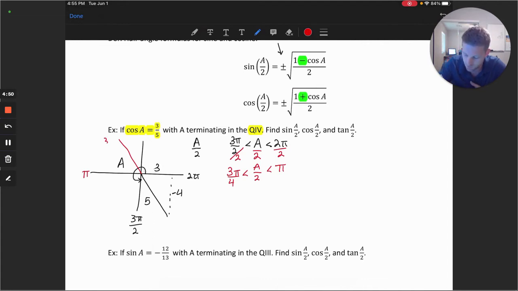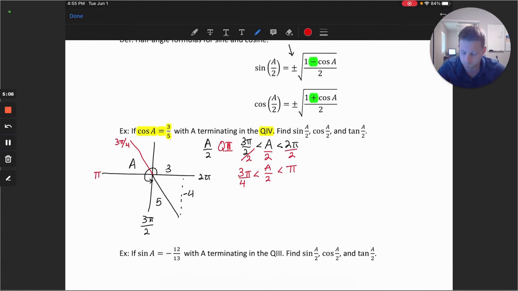And so here we can notice that the A over 2 angle is going to be in Q2. And we know something about Q2 and its signs. In Q2, the sine is going to be positive, and the cosine function is going to be negative.